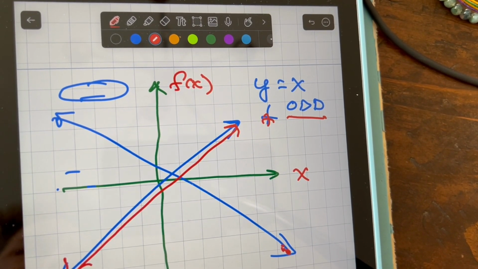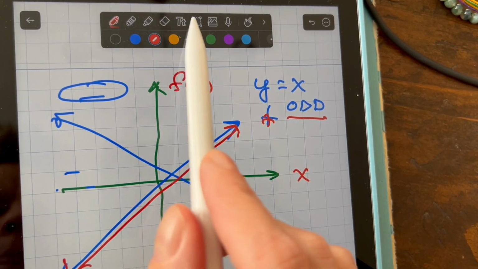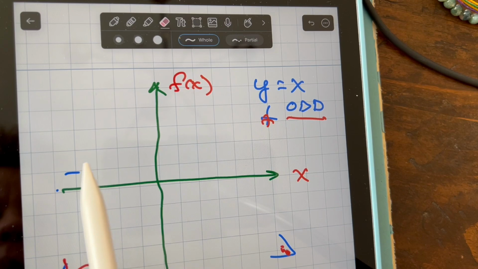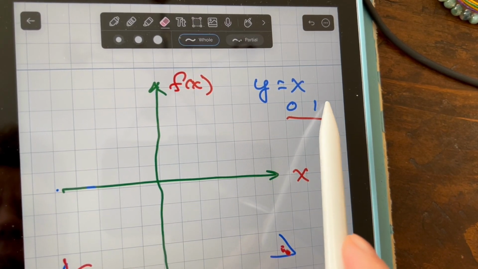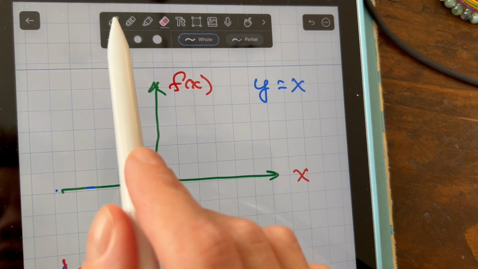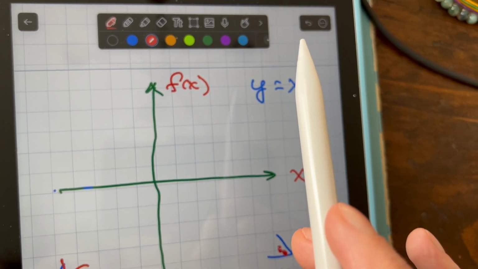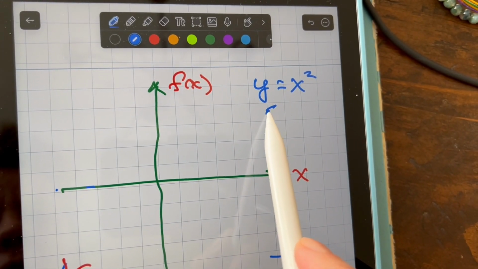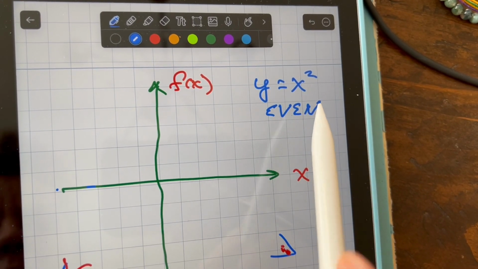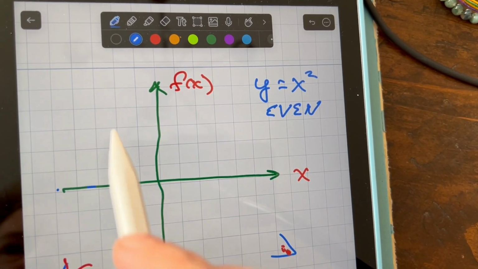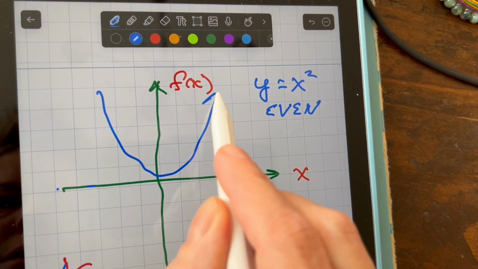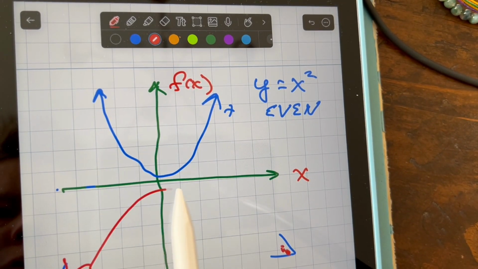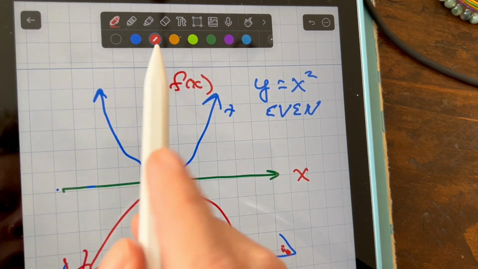Okay? Now, let's look at y equals x squared, which is an even degree, a basic parabola. This is positive, this is negative, on a basic parabola.